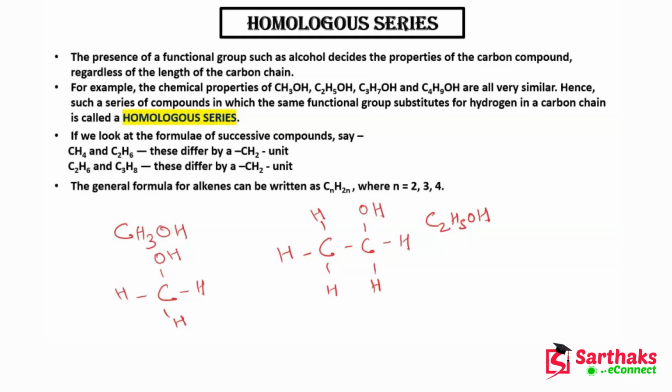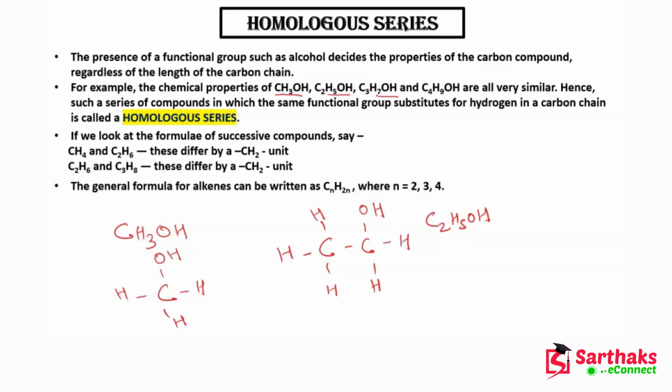So that is what I was trying to make you understand: here the same functional group is replacing one hydrogen. That's why the chemical properties of the long chains CH3OH, C2H5OH, C3H7OH will be very similar, because hydrogen is replaced by the same type of functional group.